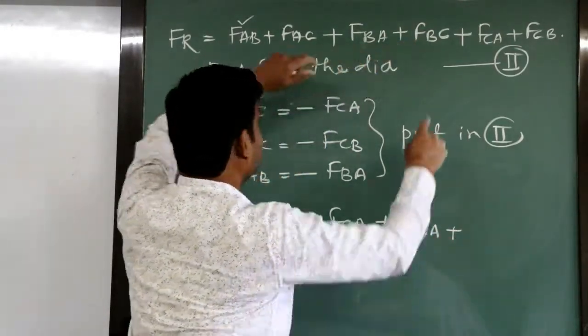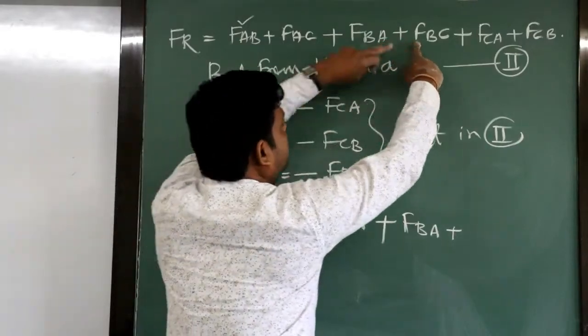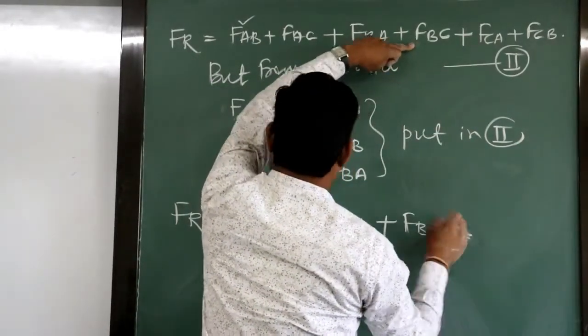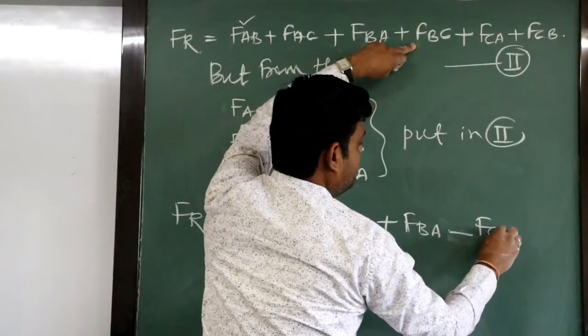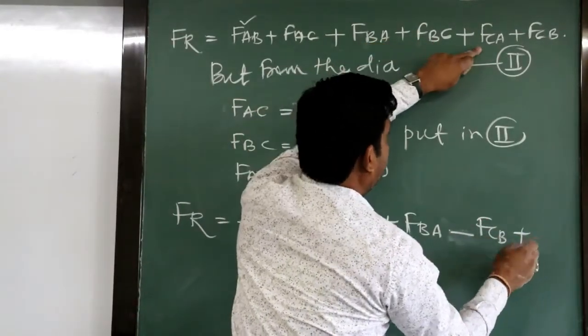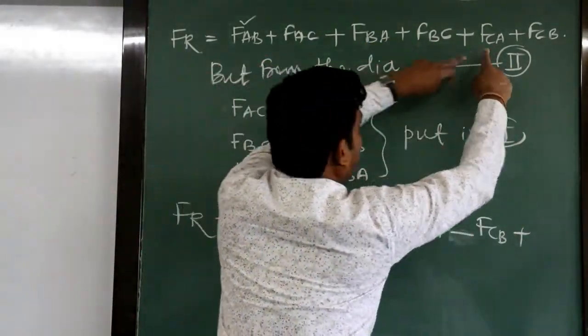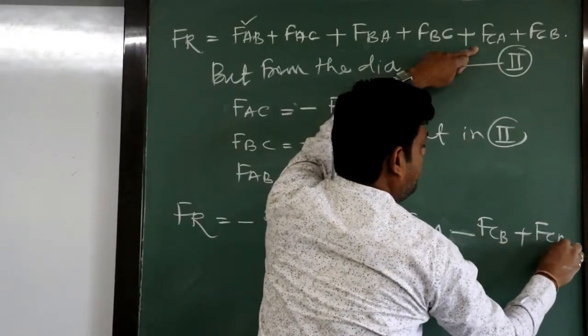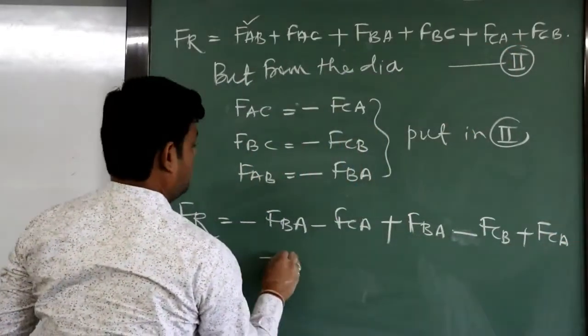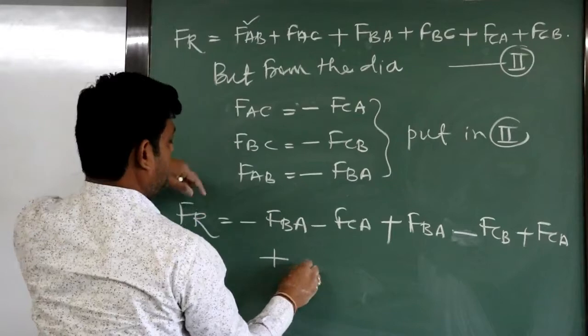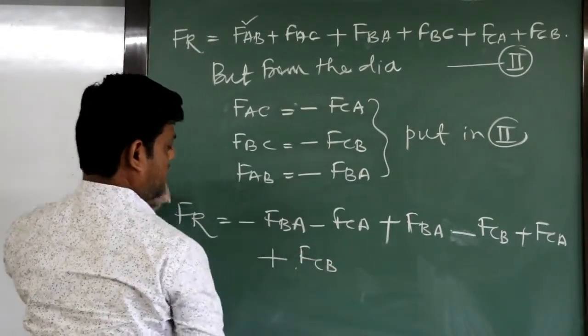plus FBC. So this FBC equal to, we can write minus of FCB plus FCA as it is, FCA plus FCB remains as it is.